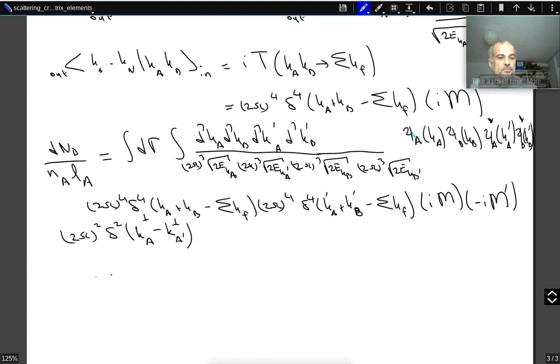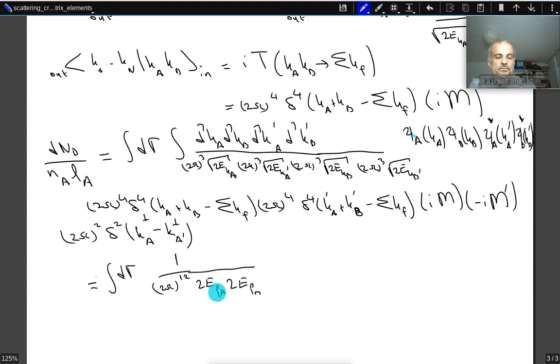So this ratio becomes d gamma, I have a 1 over 2 pi to the 12, 2E of PA, 2E of PB.